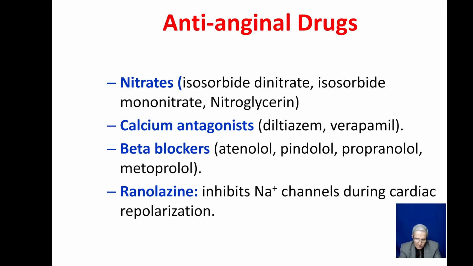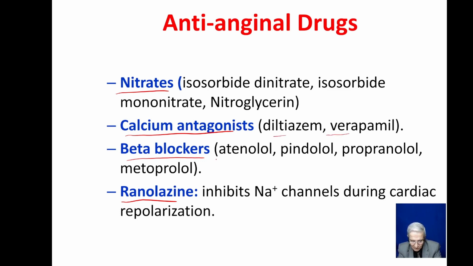Okay, anti-anginal drugs. Here we talk about the groups: nitrates, calcium antagonists, beta blockers, and ranolazine. Regarding the nitrates, we have isosorbide dinitrate, isosorbide mononitrate, and nitroglycerin. Moving to the calcium antagonists, we have diltiazem and verapamil.